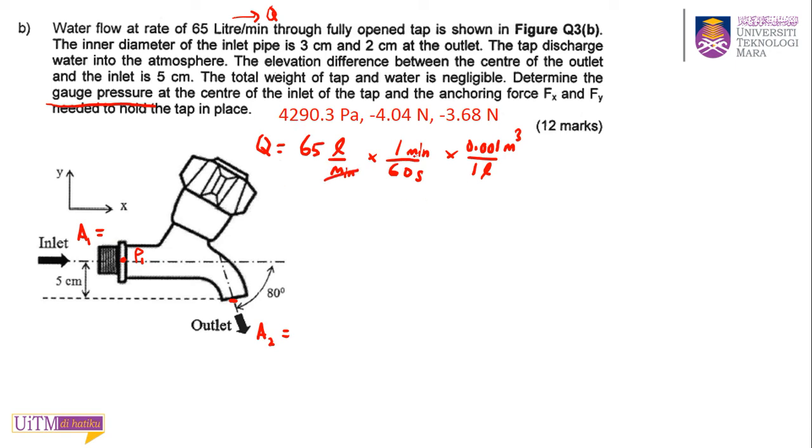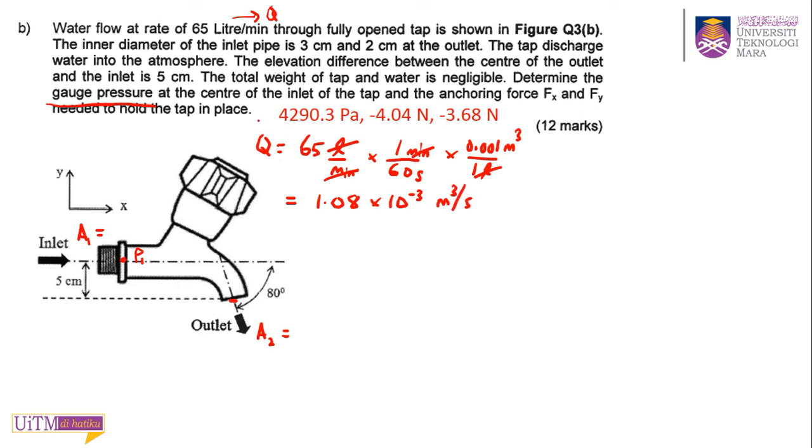Okay, that's why you can cancel out the minute and cancel out the liter. So this will give you 65 times 0.001 divided by 60. What is the value in meter cube per second? 1.08 times 10 power of negative 3 meter cube per second.